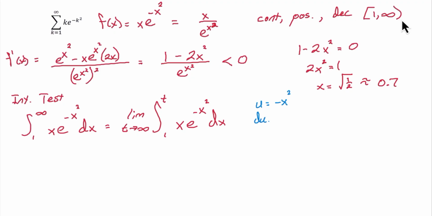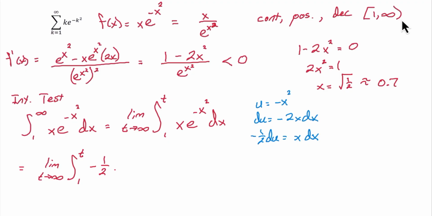Du is negative 2x dx. Dividing by negative 2, we get negative 1/2 du equals x dx. Now we can rewrite this as the limit as t approaches infinity, integral from 1 to t. We're now using our u values, so we have negative 1/2 e to the u du.